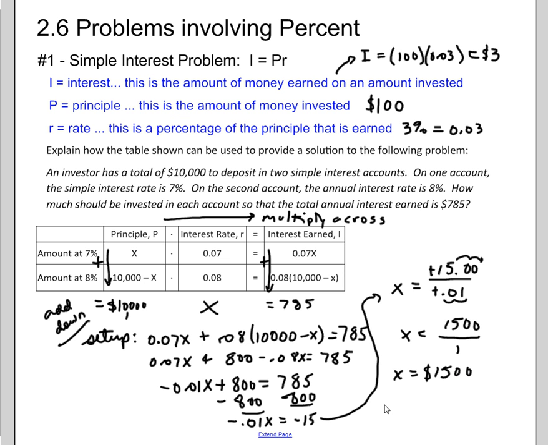What's more, for our other amount at 8%, we're going to take 10,000 minus 1,500, which is, as you guessed, $8,500. And that would be what we would invest at 8%. This is the question we were asked, and this helpful little table organized everything for us to make this solution a lot easier to find.